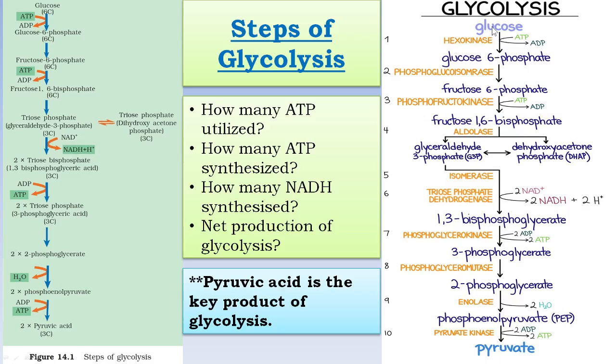For example, when glucose is converted into glucose 6 phosphate, which enzyme is involved? Hexokinase enzyme, right? And glucose 6 phosphate is converted into fructose 6 phosphate by the enzyme phosphoglucoisomerase. Like that, I have given you the names of the enzymes as well.